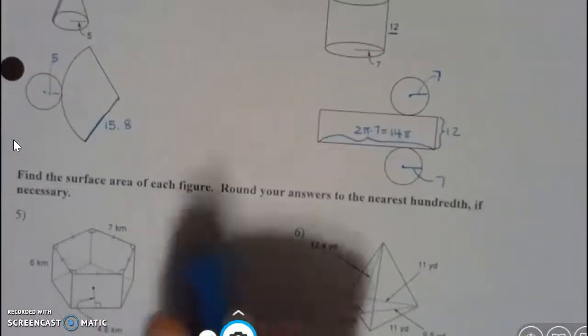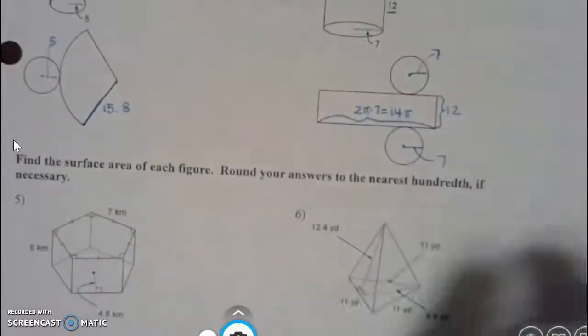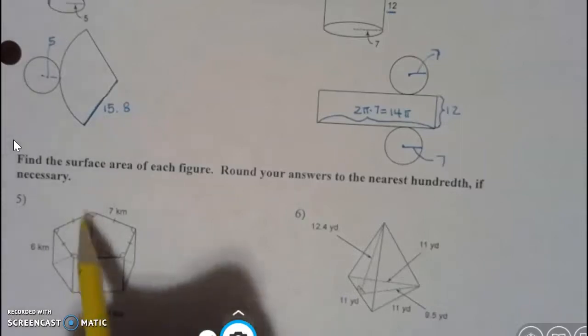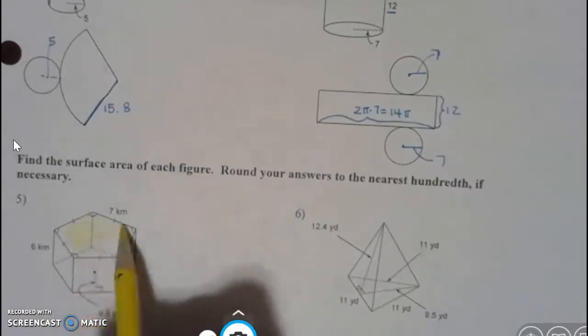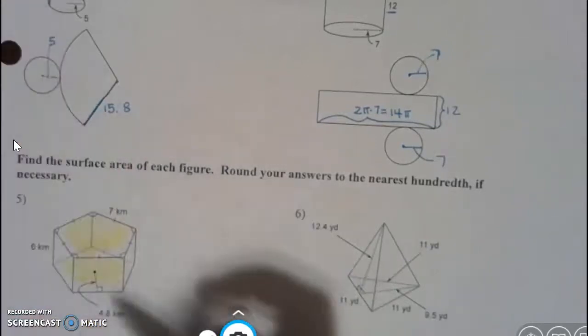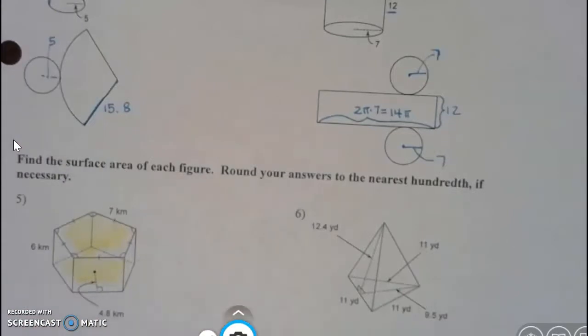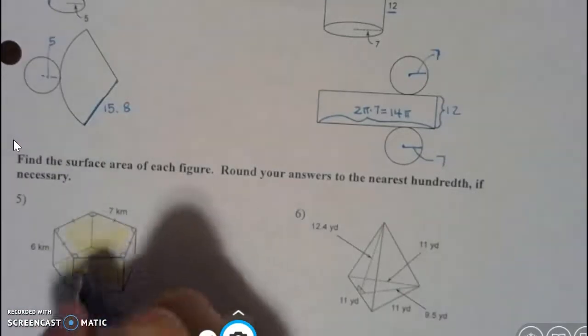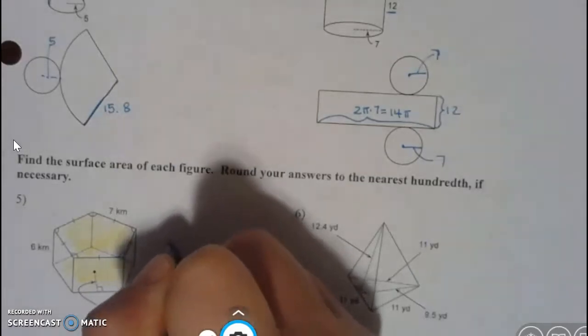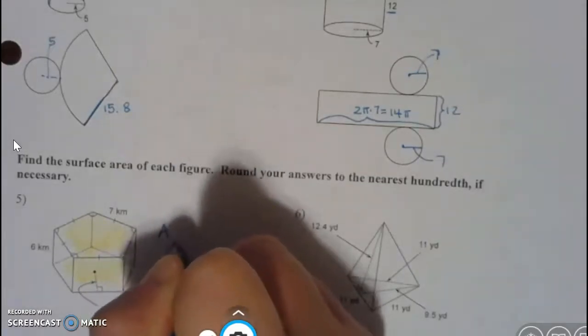Number 5, it is a pentagonal prism because the base is the pentagon shape. Here's one base and here's the other base. Okay. All right, so what is the surface area? Well, the two bases, the area of the pentagon.